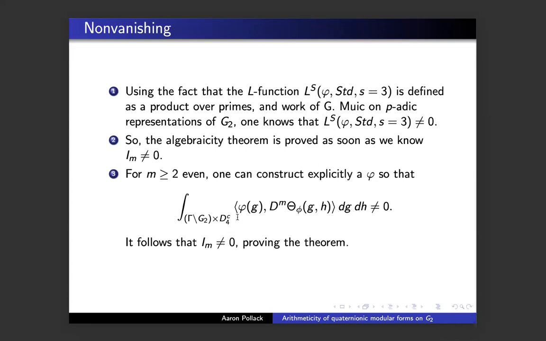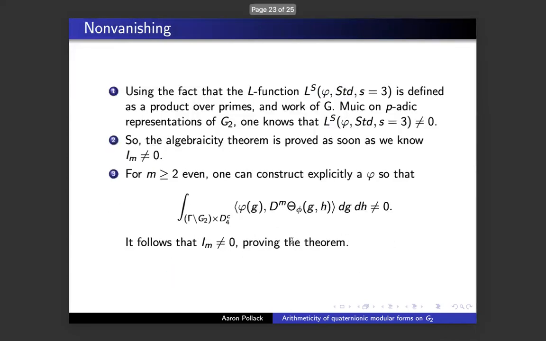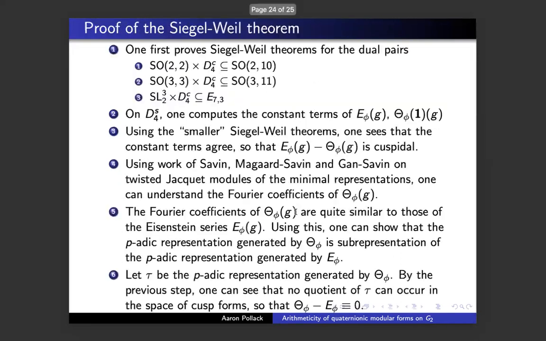For any even m at least 2, one can construct an explicit cusp form phi on G2 such that the integral of the derivative of the theta function against the cusp form is non-zero. But this integral is the L function times this Archimedean zeta integral. And so if this is non-zero, then the Archimedean zeta integral has to be non-zero, and that finally proves the theorem. So hopefully I didn't lose everybody.